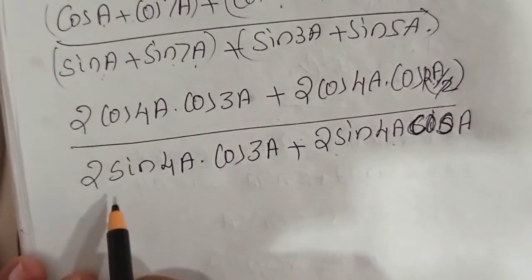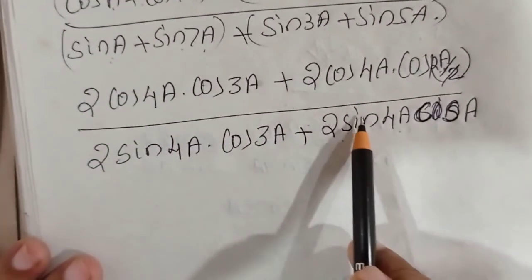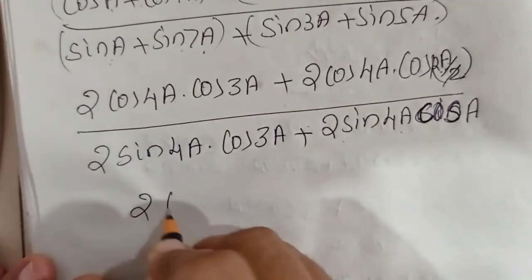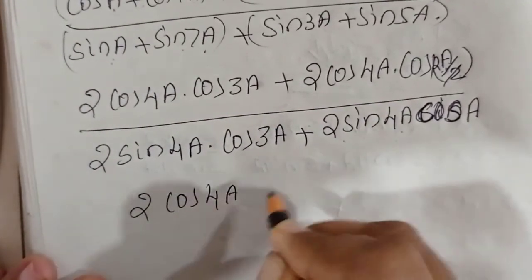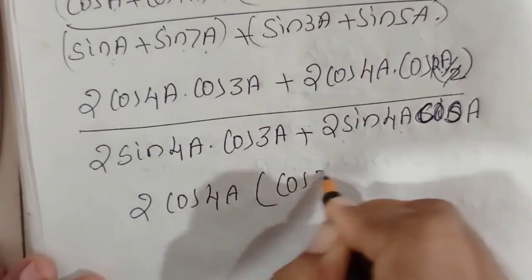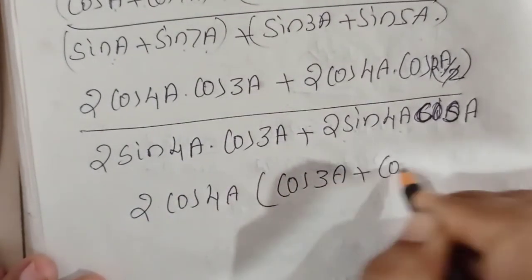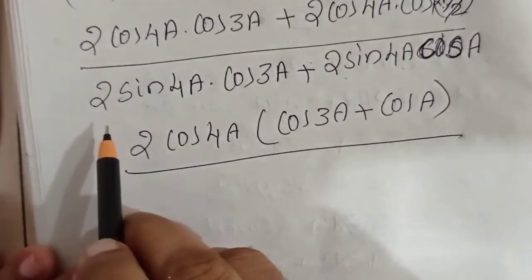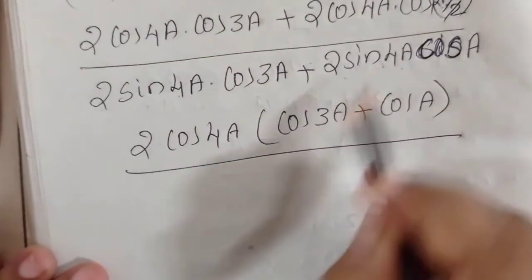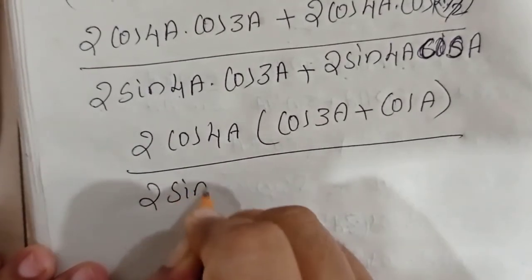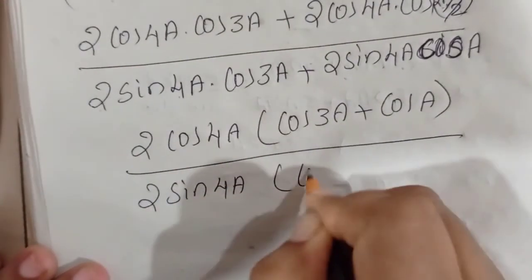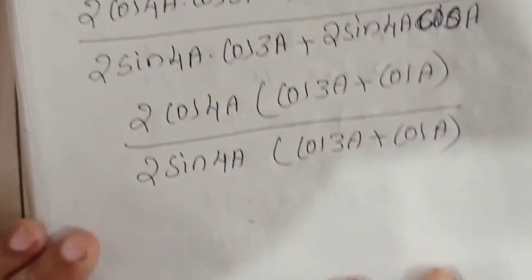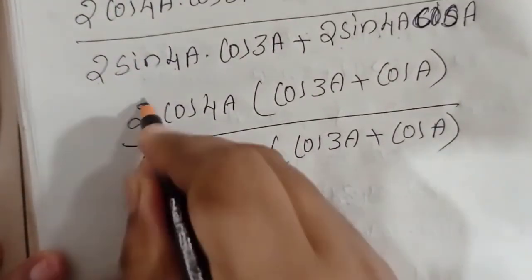Understand? Here 2 terms are there. From the numerator you can take 2 cos 4A outside, that is cos 3A plus cos A. From the denominator, you can take 2 sin 4A outside: 2 sin 4A into cos 3A plus cos A. Agree? 2 cancel.